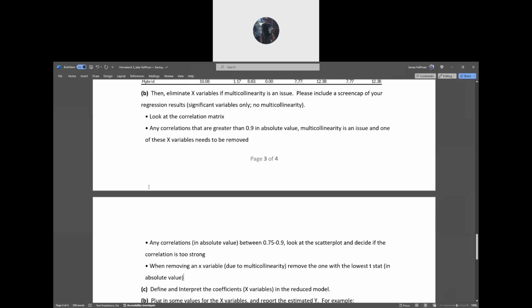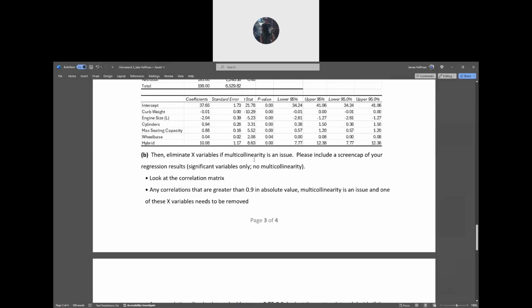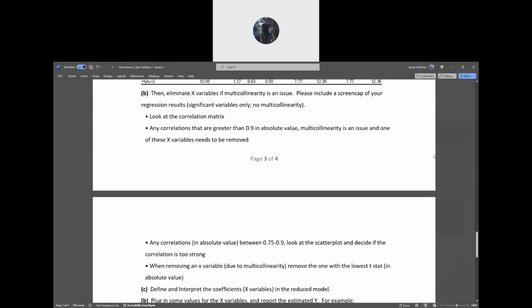Yeah, and those are kind of the steps that we went through but didn't define. So I think it might help just to define them. Sorry, we're just about out of time. So when you're looking for this step, look at the correlation matrix. Any correlations greater than 0.9 in absolute value are 100% an issue, and you've got to take one of them out.